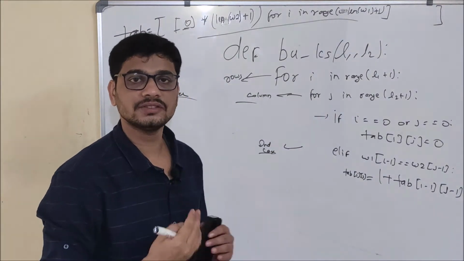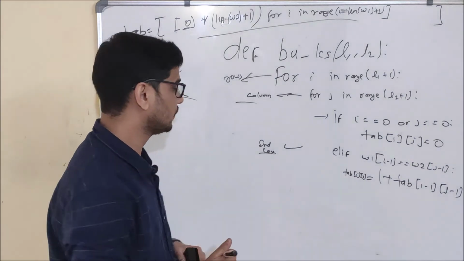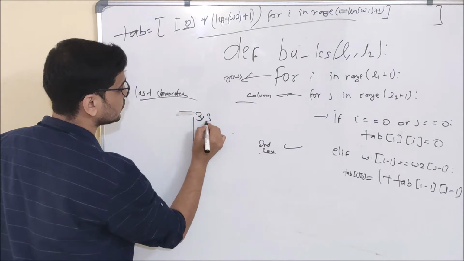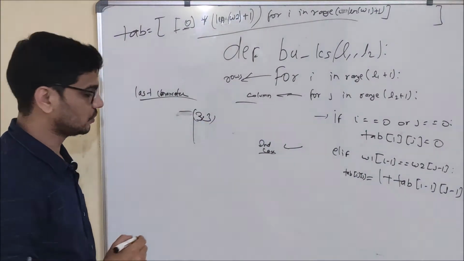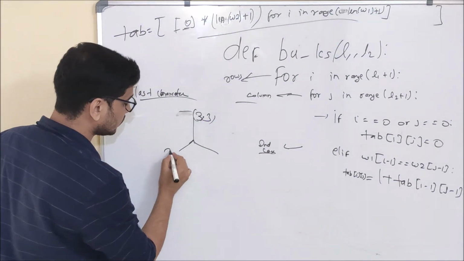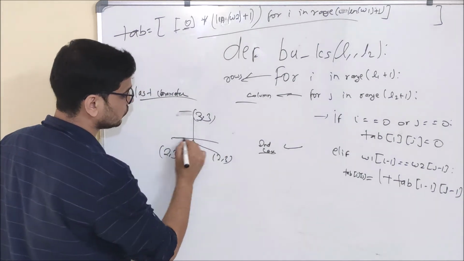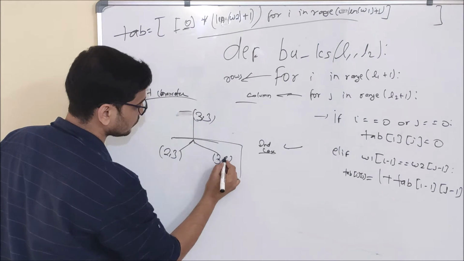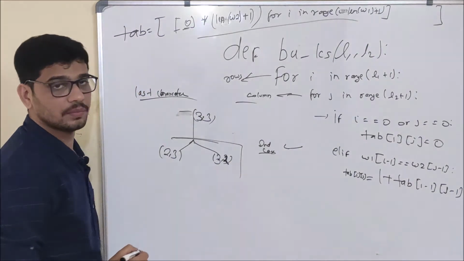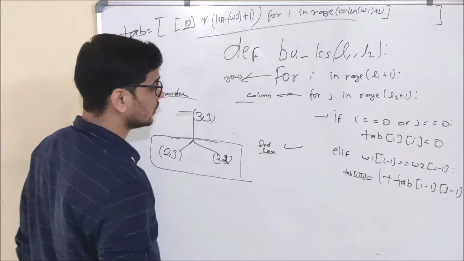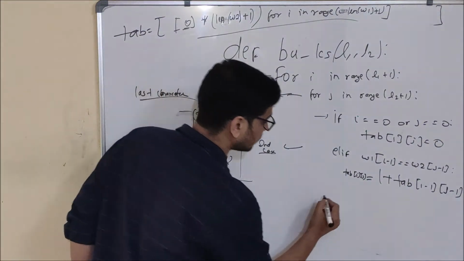And if the last characters were not equal, what were we doing? We were picking the max. Let's assume that when we called LCS of 3, 3, we were taking the max between LCS of 2, 3 or LCS of 3, 2. So how are we going to do it here?